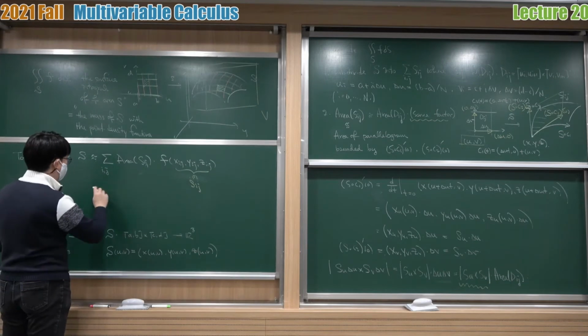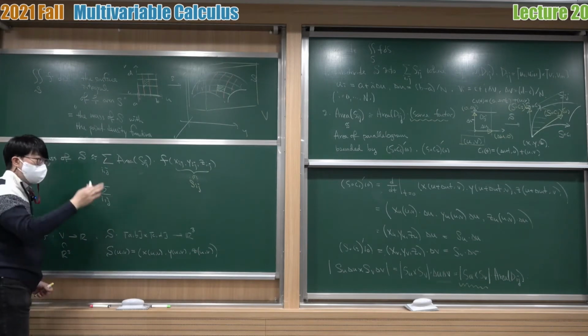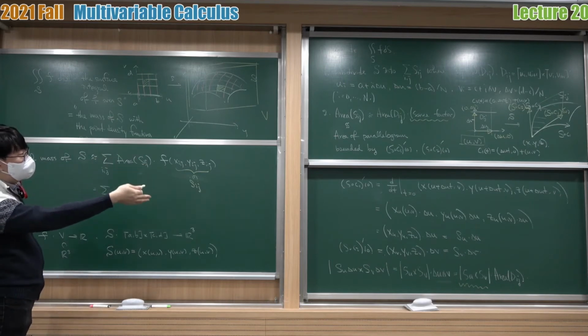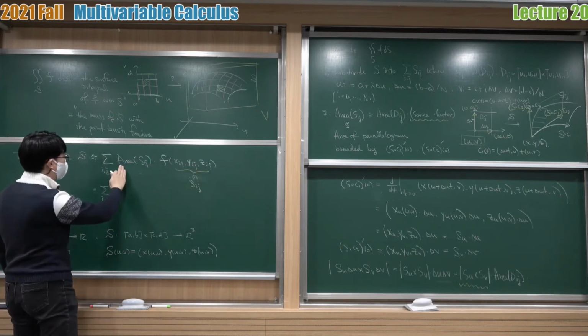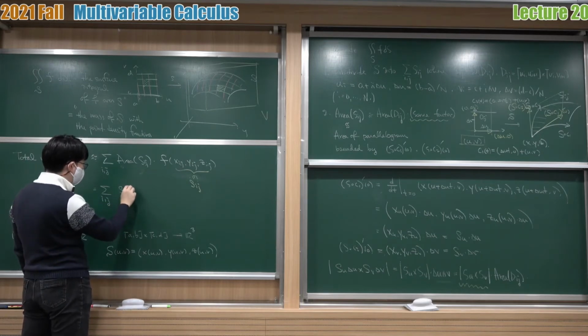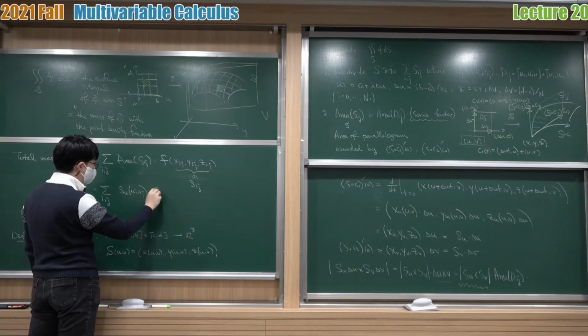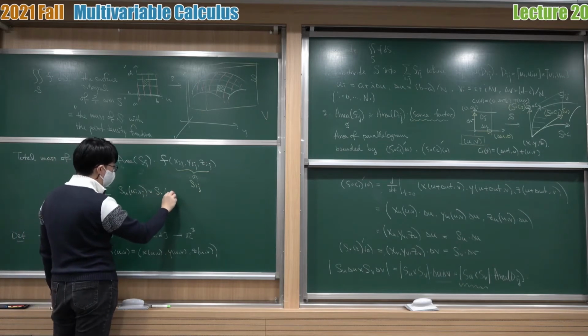But then I'm going to rewrite everything in terms of UV variables. So the area of Sij is equal to the norm of Su at (ui, vj) cross Sv at (ui, vj).